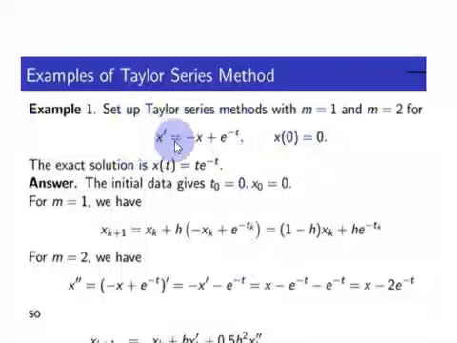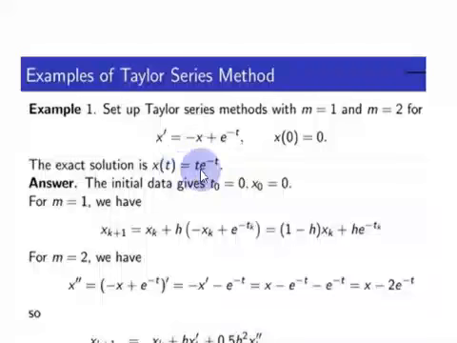One can verify that this is the exact solution to this system. Why am I saying system? Here you consider the differential equation with the initial condition, and this is called an initial value problem.